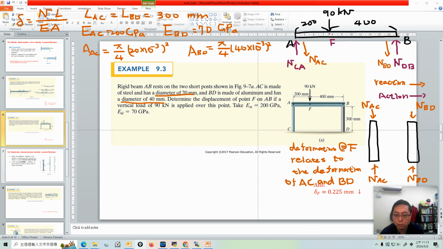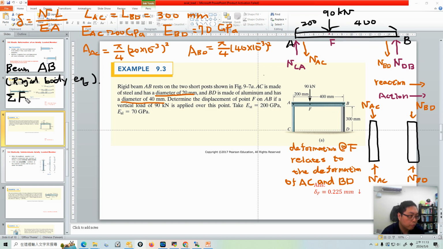So we apply rigid body equilibrium here on beam AB. That means the total force equals 0 and total moment also equals 0. For total force we only consider the vertical force, because in the system we only have vertical force.